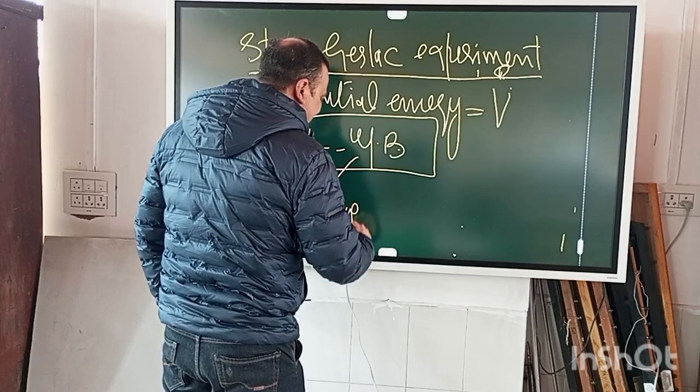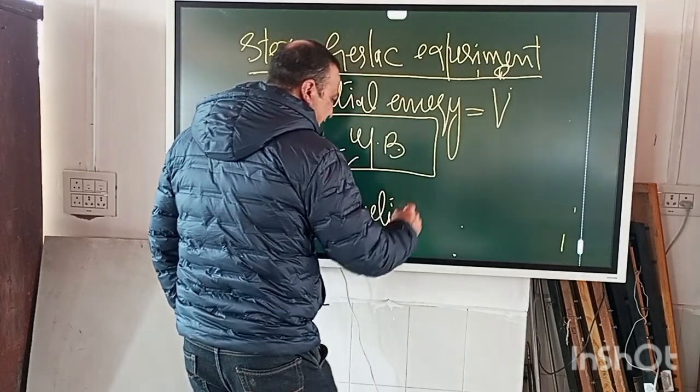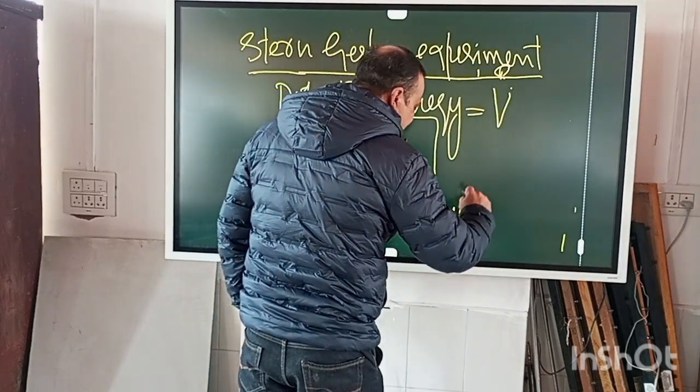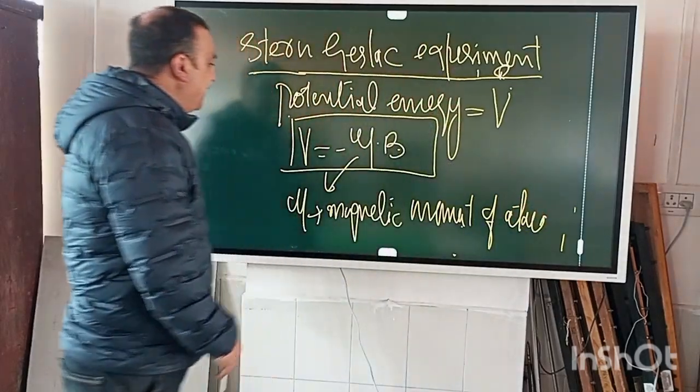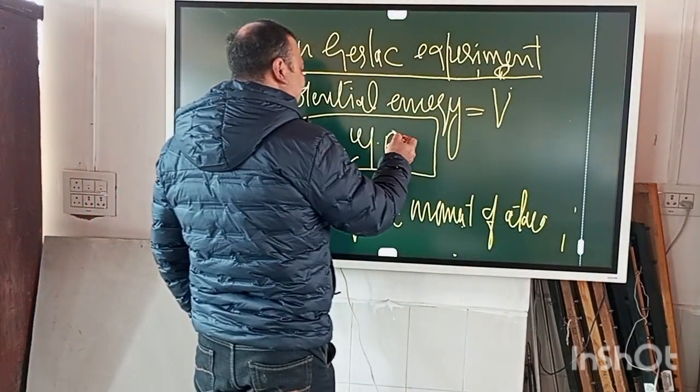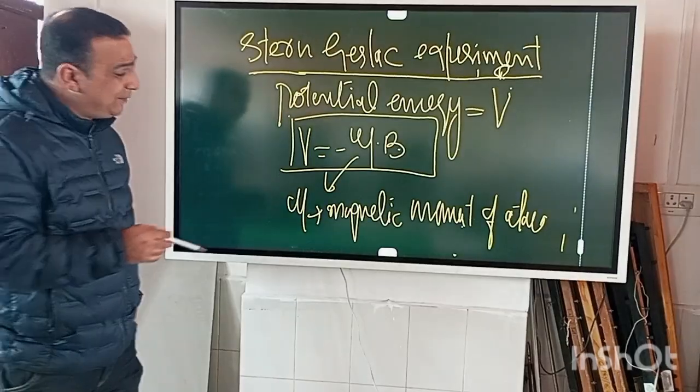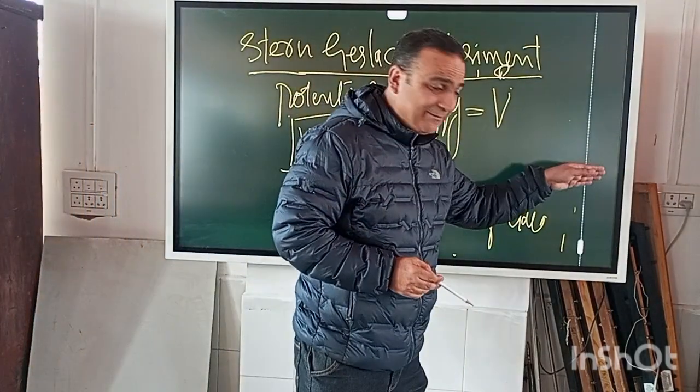magnetic moment. This is the magnetic moment of the atom, and B is the external magnetic field that you're applying on these silver atoms.